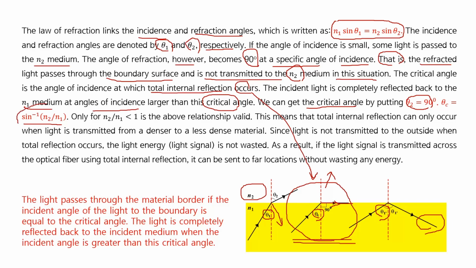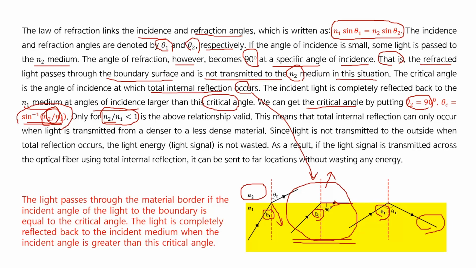If you see this equation, it is only valid for N2 over N1 less than 1. Otherwise, the arcsine argument, N2 over N1, can be larger than 1.